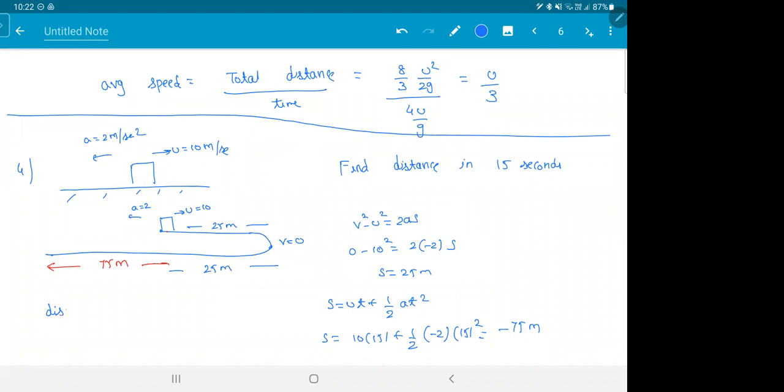So if they ask you displacement, it is minus 75. The distance is 25 front, 25 back, and 75 back, 125 meters. Check out the steps.